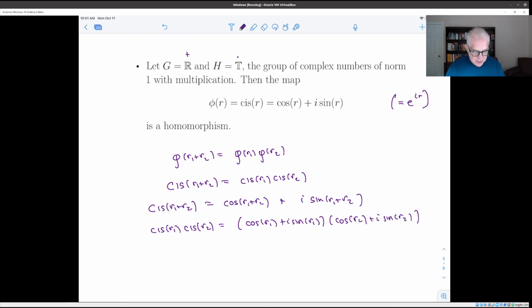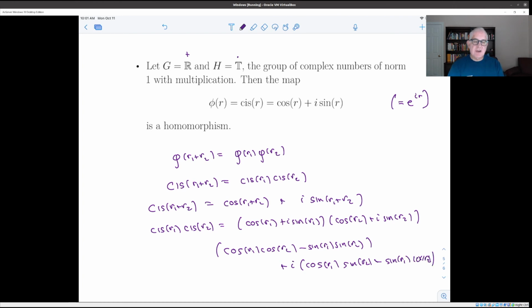And if you multiply these out, you get, for example, cosine r1 cosine r2 minus sine r1 sine r2, plus i times, this is in the real part, cosine r1 sine r2 plus sine r1 cosine r2.